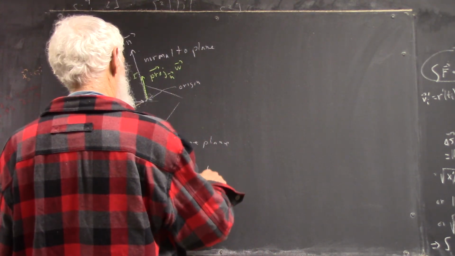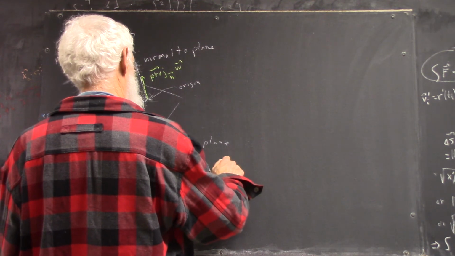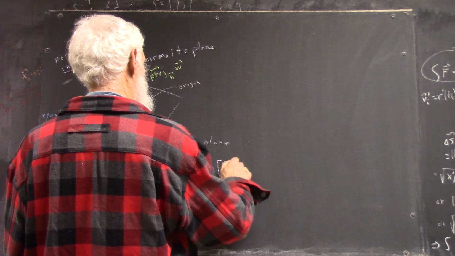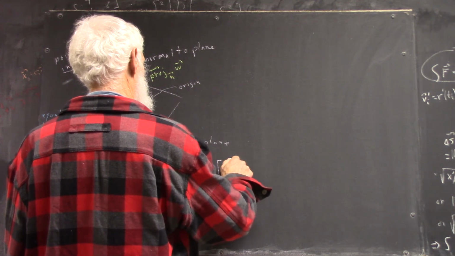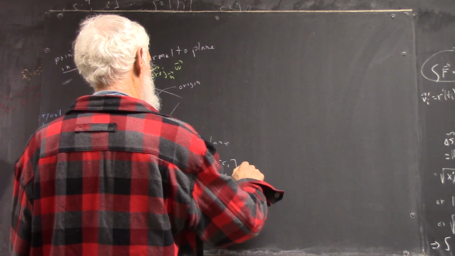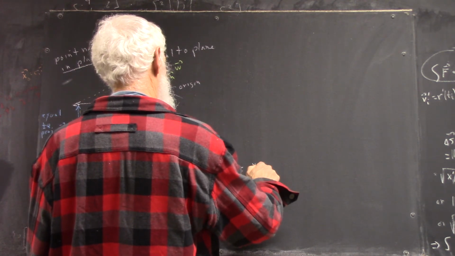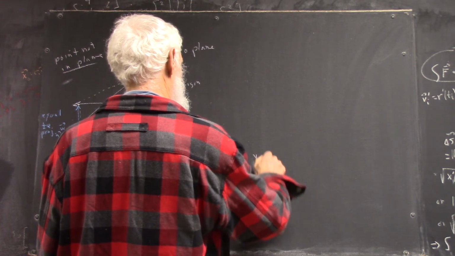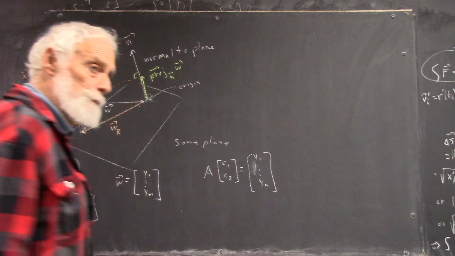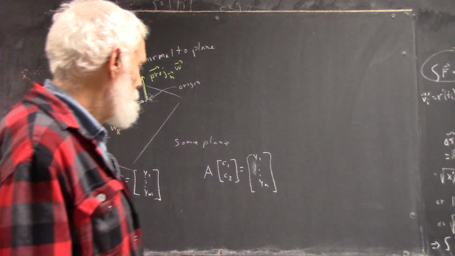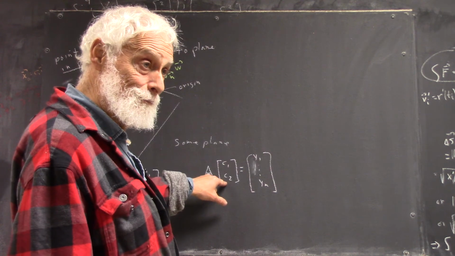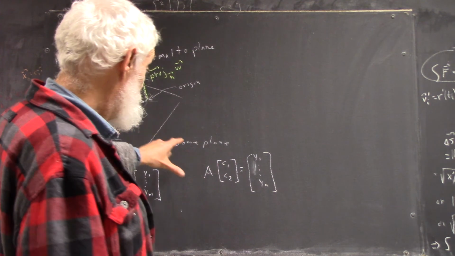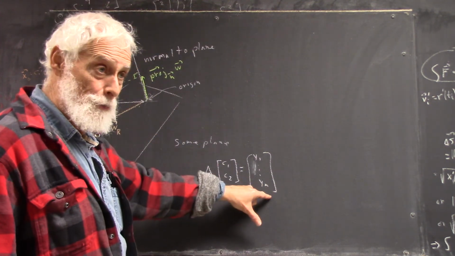Our equation is this. And since we've got, if M is bigger than 2, which it has to be if this picture applies, then you can't get a match.